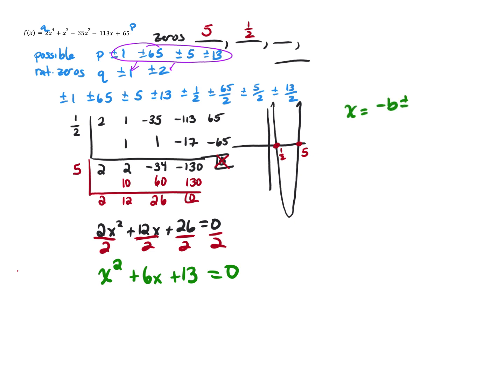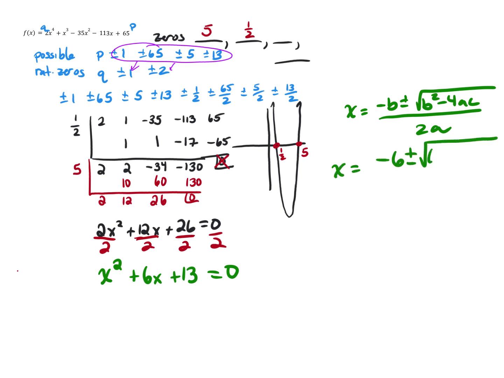So x equals negative b plus or minus the square root of b squared minus 4ac, all over 2a. And I'll just plug them in. So negative 6 plus or minus the square root of 6 squared minus 4 times 1 times 13, all over 2 times 1. Now if I plug that in the calculator, I'll do the inside first. 6 squared minus 4 times 13 is negative 16.